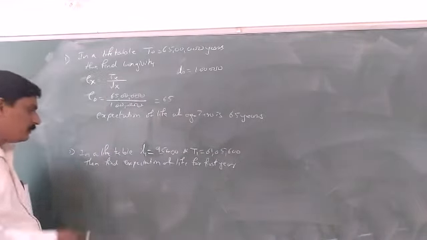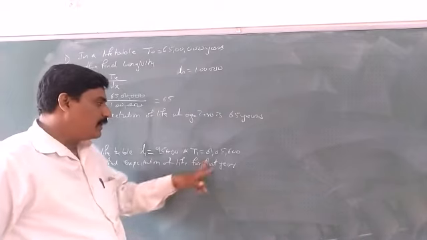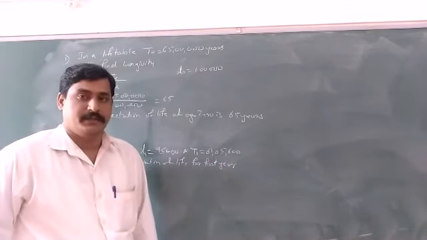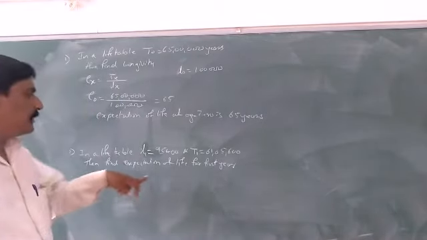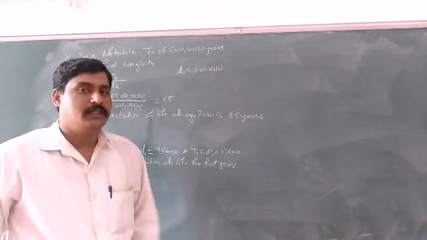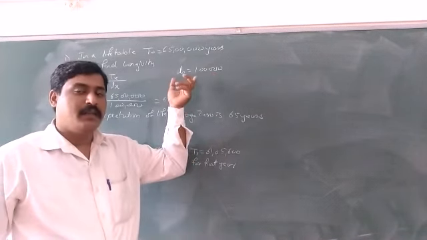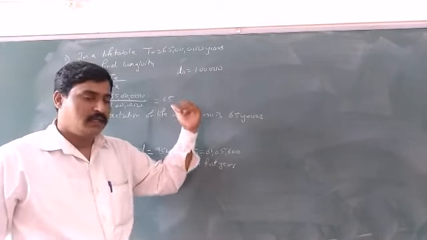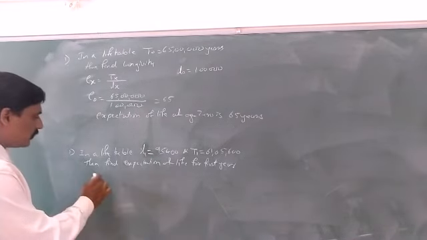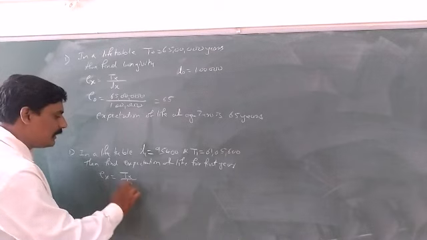Next, the second question. In the life table, L1 is 95,400 and T1 is 61,05,600. Then find the expectation of life for the first year. Here again the same formula applies. T1 is given along with L1. So here also the formula Ex is equal to Tx divided by Lx.